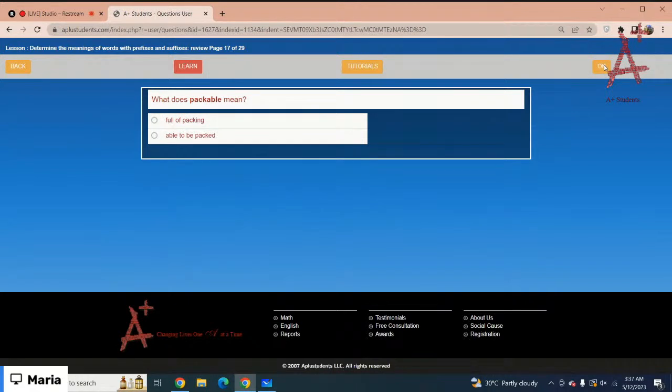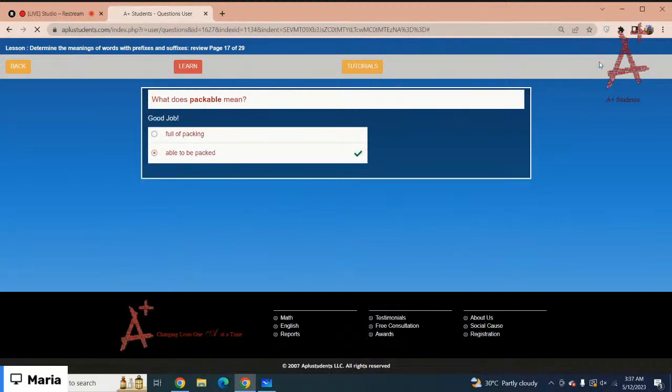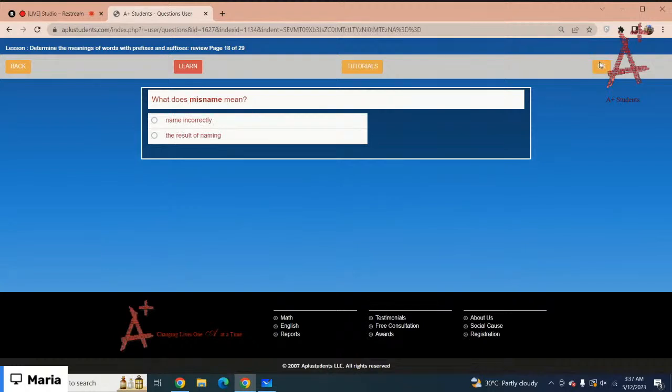What does packable mean? It means able to be packed. Okay, what does misname mean? Mis means incorrectly, so it would be name incorrectly.